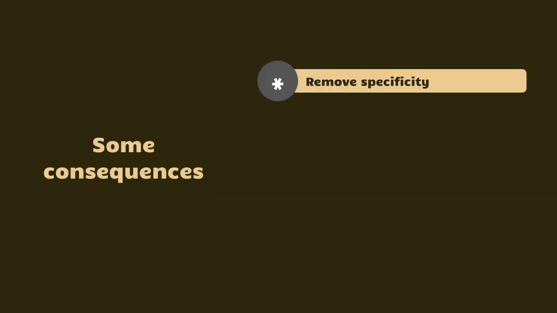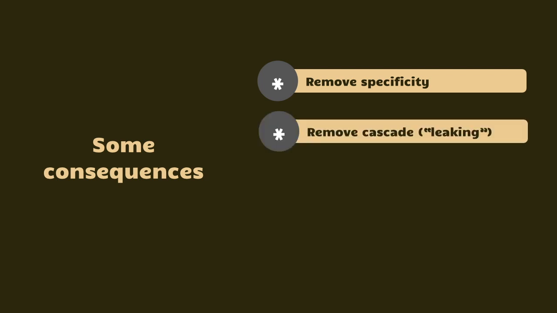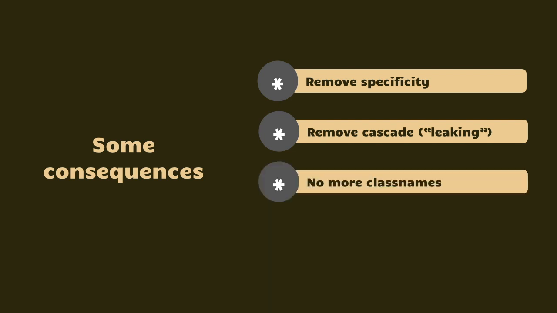Now, there are some consequences in some of these different CSS and JS solutions. For instance, they remove specificity, which is a useful feature, and if you don't have it, you'll need to find different ways to solve the same problem. It sometimes removes the cascade so that you no longer have this phenomenon that people refer to as leaking. But again, you don't have the advantages of the cascade, which let you write much shorter style sheets.